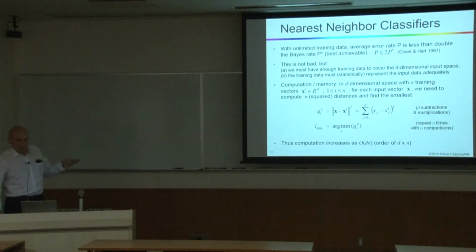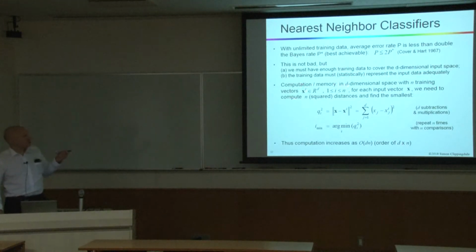That's not bad, but there are conditions for that to be true, including that you've got to have enough training data to cover the input space. The input space is d-dimensional, and as d increases, you encounter something called the curse of dimensionality, which means that it's much harder to cover spaces of increasing dimension. And the training data, obviously, must statistically represent the input data well enough.